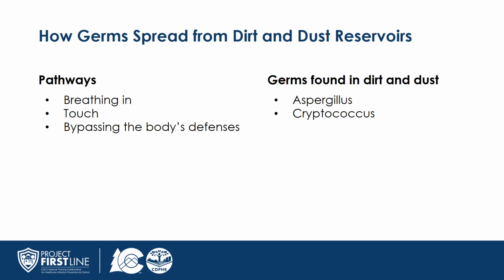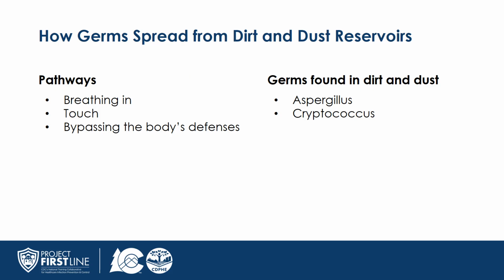Some common types of pathogens in dirt and dust are fungi, like Aspergillus, that can cause infections in the sinuses and in the lungs when breathed in. Another example is Cryptococcus, which is another fungus that can cause Cryptococcus meningitis when its spores are breathed in.